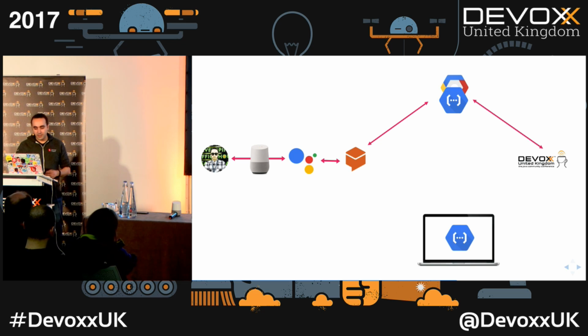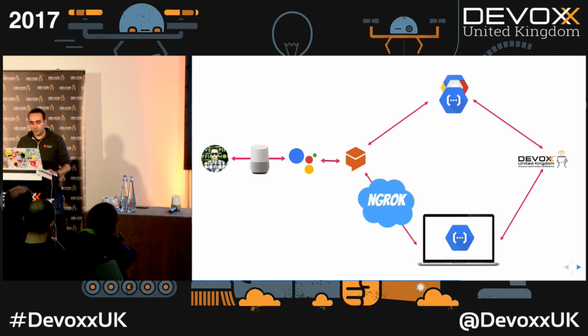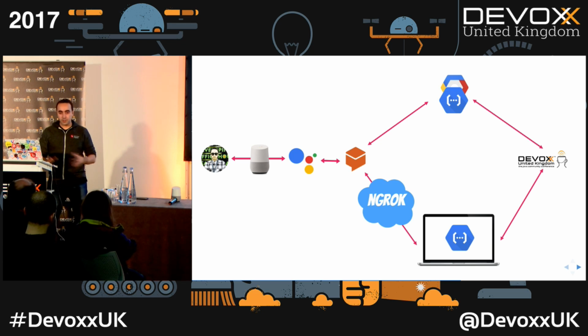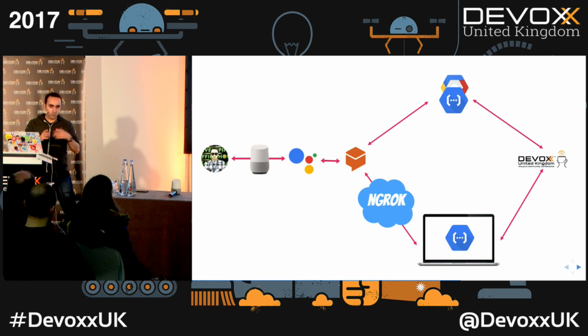So there are two tools that you can use. The first one is the Cloud Function Emulator, which you can install on your machine to deploy your function locally during the development process.